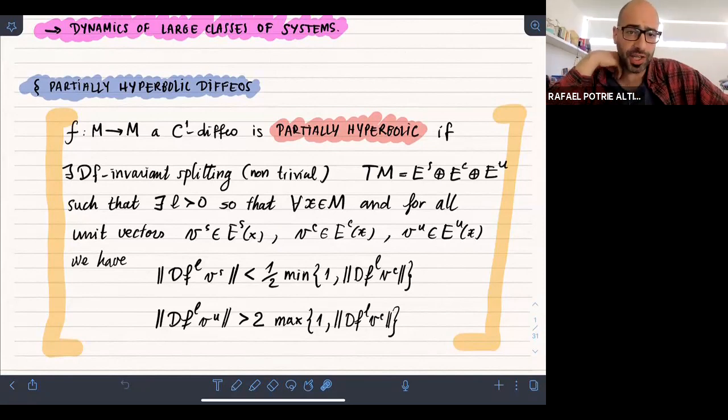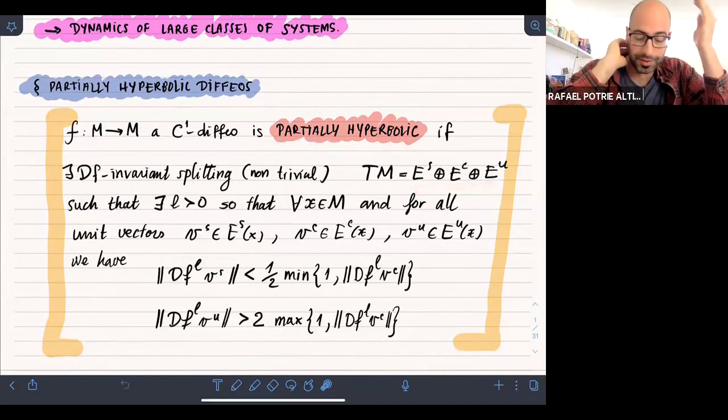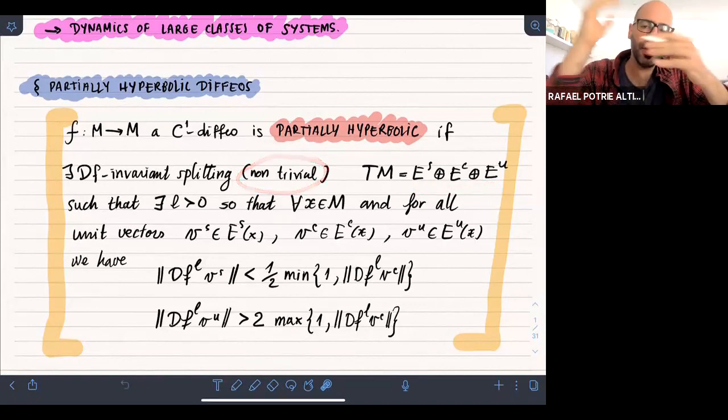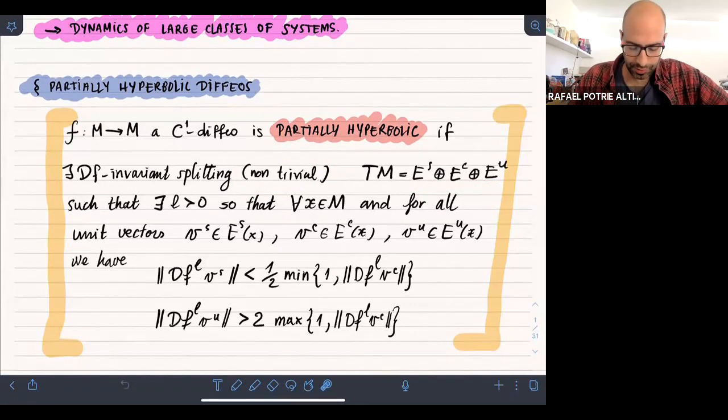Okay, so a partially hyperbolic diffeomorphism is a diffeomorphism which preserves a splitting into three bundles. I will assume that they are non-trivial, so that there are variations of the definition, but this will be the context of these lectures.